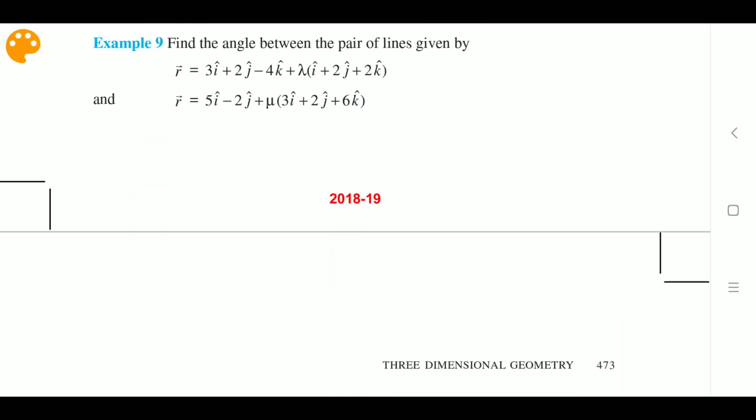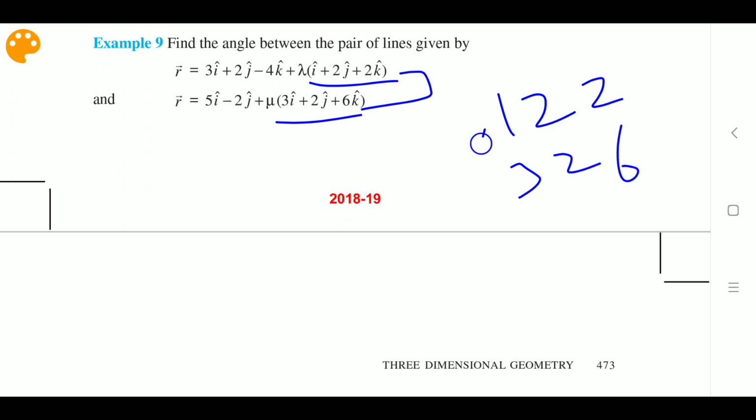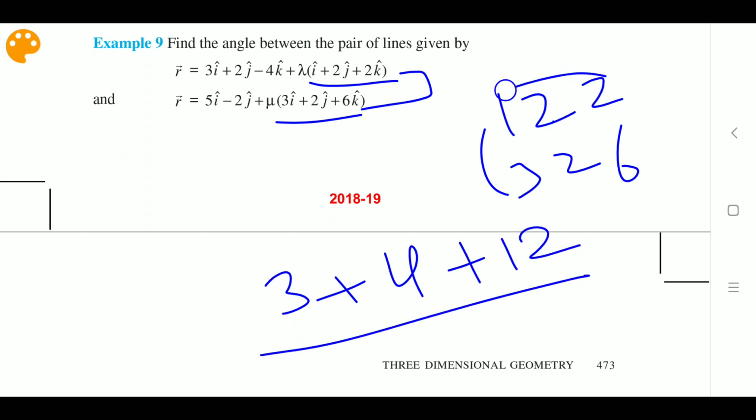Like, you have to find the angle between this pair of lines. So how will you calculate? You have the direction ratio 1, 2, 2 and here you have 3, 6, 2. You just multiply the corresponding direction ratios and find the angle. Like 3 into 1 is 3, plus 2 into 6 is 12, plus 2 into 2 is 4, divided by the magnitude of this.